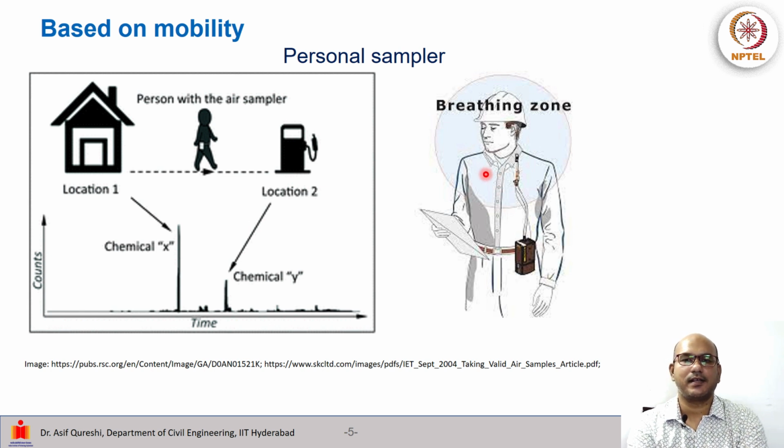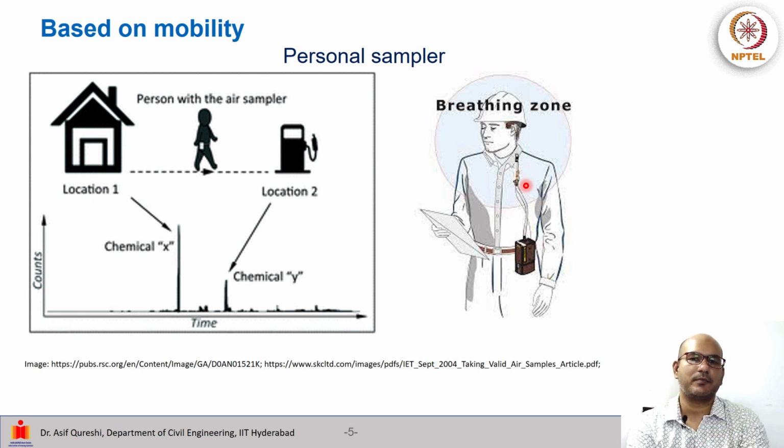So these are highly specialized, and in a way a very nice way, I think, to get the exposure of the person to the contaminants, regardless of where the person is going. So we will have a good profile of how much this particular person is exposed to, for example, every day.